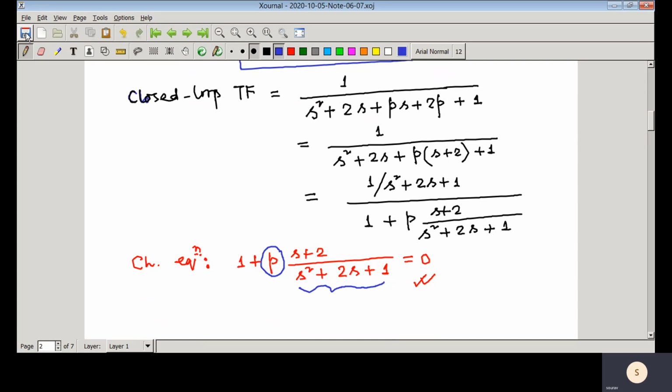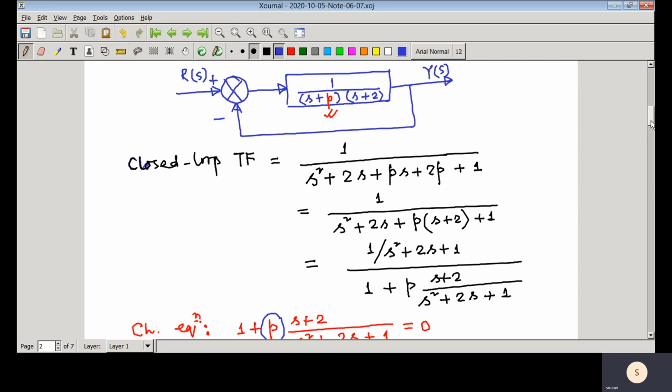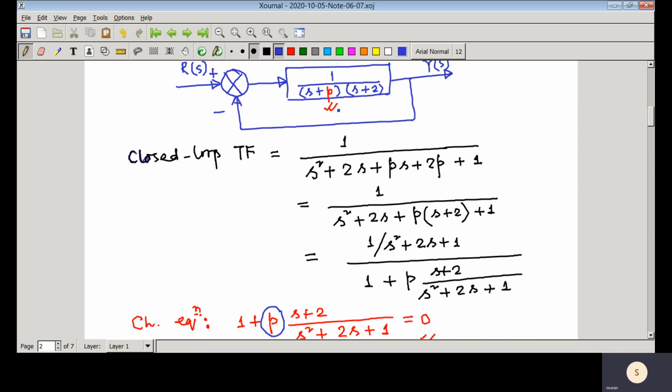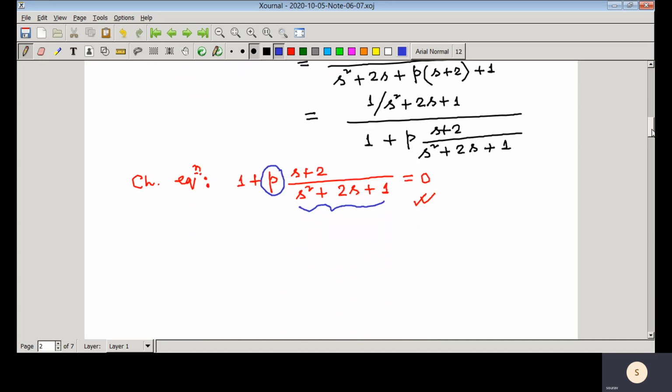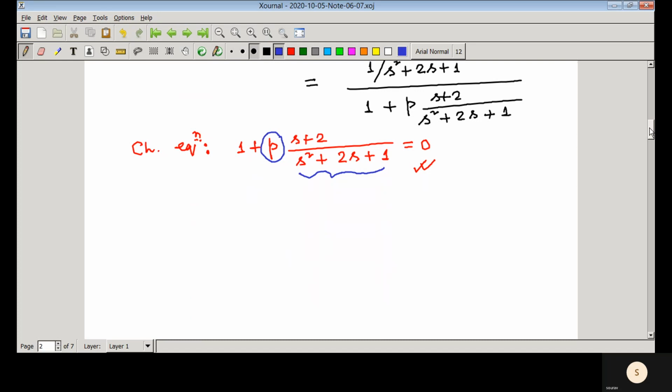So this is the framework where one pole is varying: what would be the location of the closed loop poles? That is how we can formulate this problem in root locus.